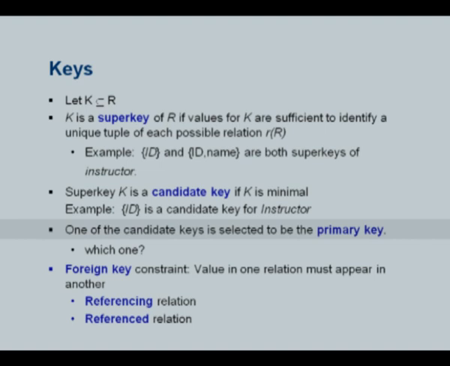Now the primary key usually has to be chosen carefully. Would you choose the email ID of an instructor as the primary key? It turns out the email ID is a bad choice for the following reason. Many people change their email IDs. If your email ID is linked to your college, when you move to a different college, your email ID changes.